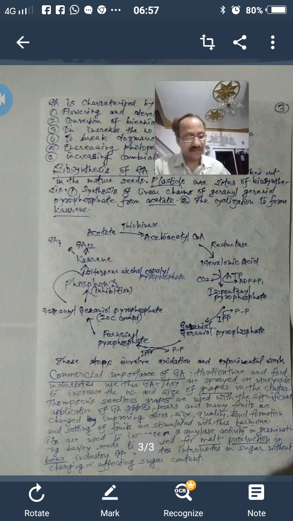Commercial importance of GA. Horticultural and food industries use this GA. They are sprayed on vineyards, grapeyards, to increase the number and size of grapes in the cluster. Thompson seedless grapes are used with the significance of application of GA.